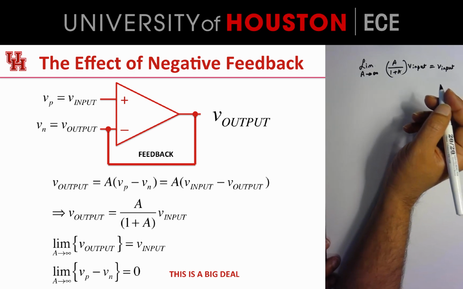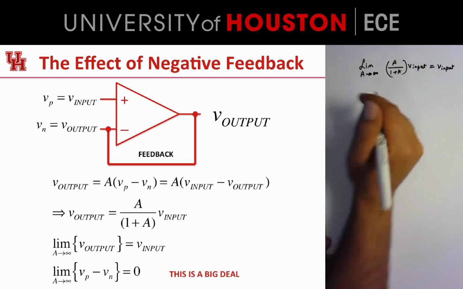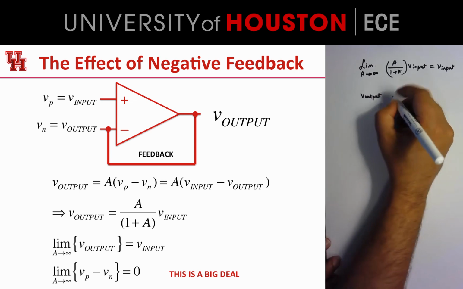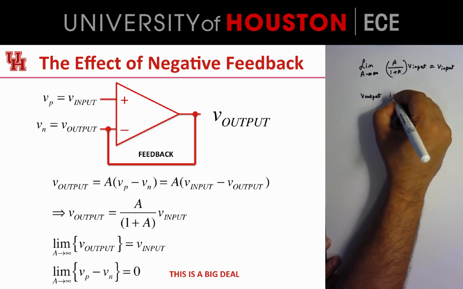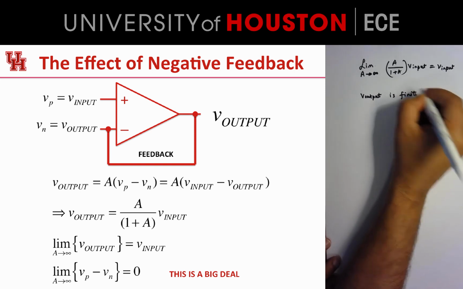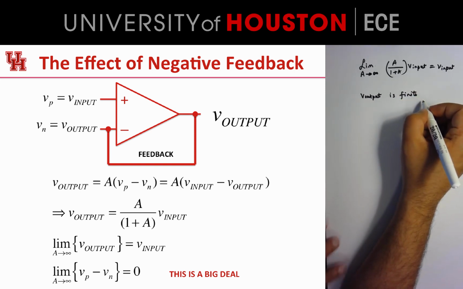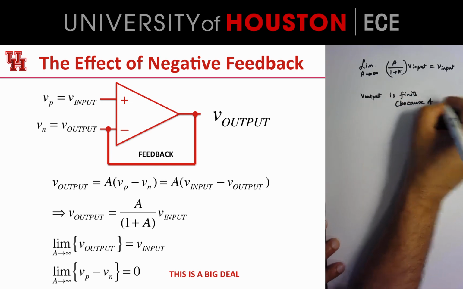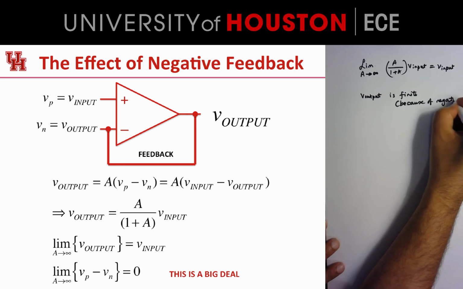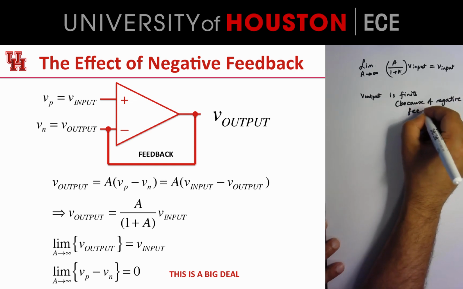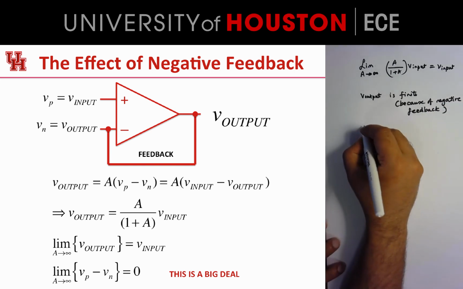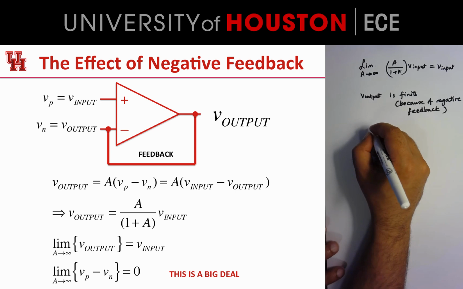Now let's look at the same thing a little differently. If V output is going to be some finite number, and it is going to be some reasonable number because of feedback, we can ask what VP minus VN is.